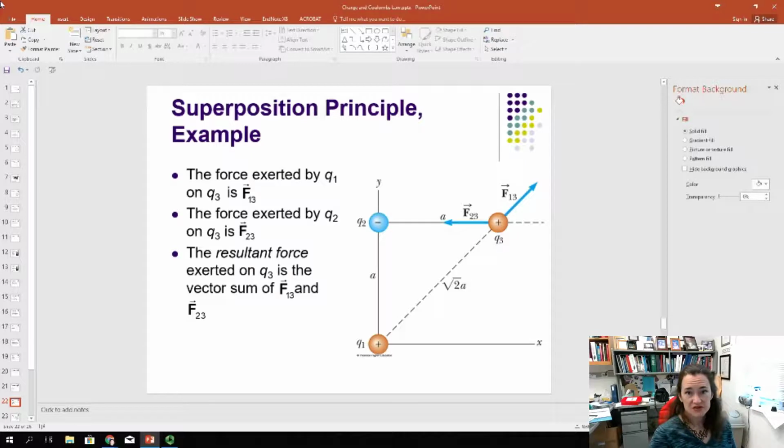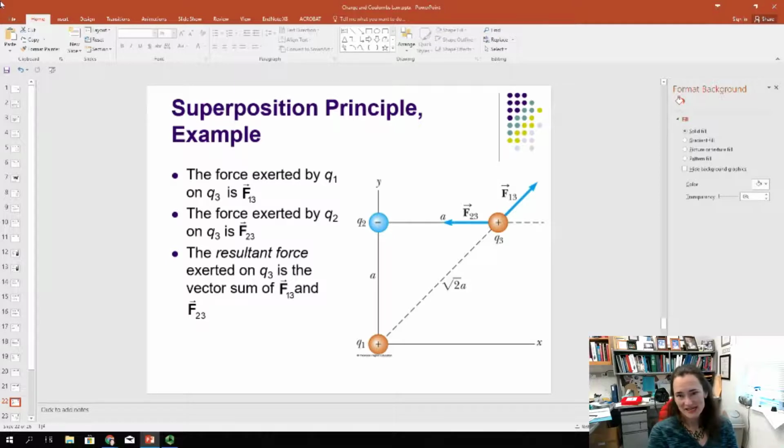Okay, so let's talk about the superposition principle in a couple of simple drawings, and then I'll show you a more involved example. Here I have a collection of 3 charges, and the problem asks what the net force on charge 3 is. In this picture, charge 3 is in the upper right, it's a positive charge, charge Q1 is at the origin, and charge Q2 is along the y-axis. These 3 charges form a little triangle.